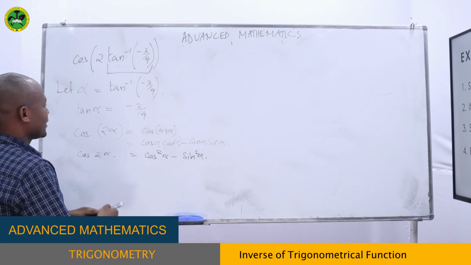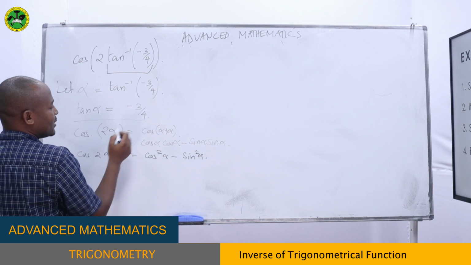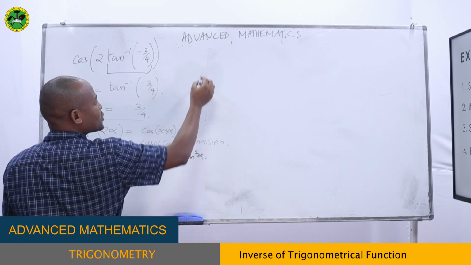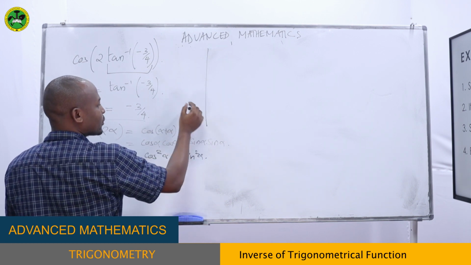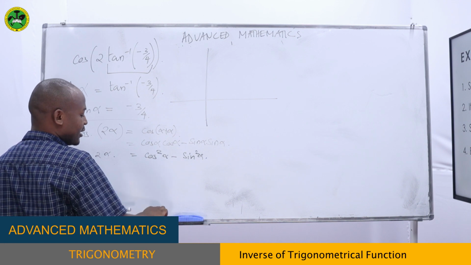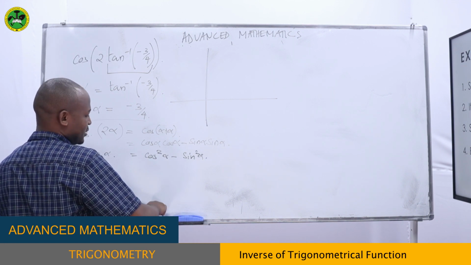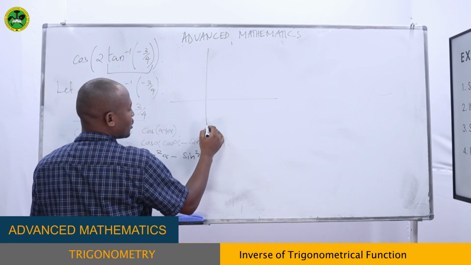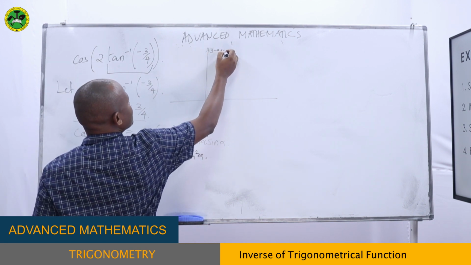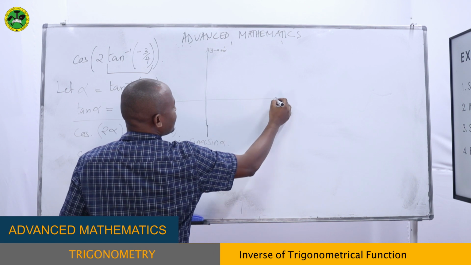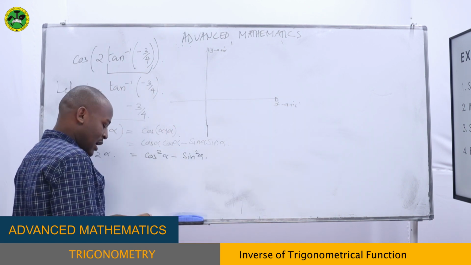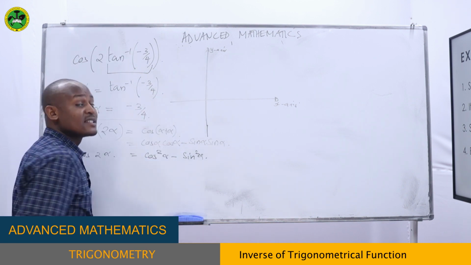Let's use this part. From that part, let's have the xy plane. This will be the y-axis, as you know, and that will be the x-axis, sometimes referred to as y equals 0, and x equals 0.